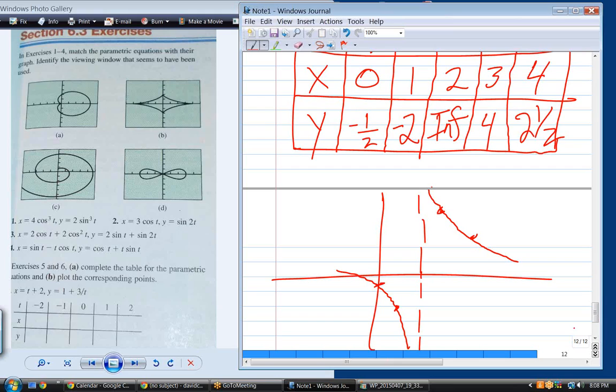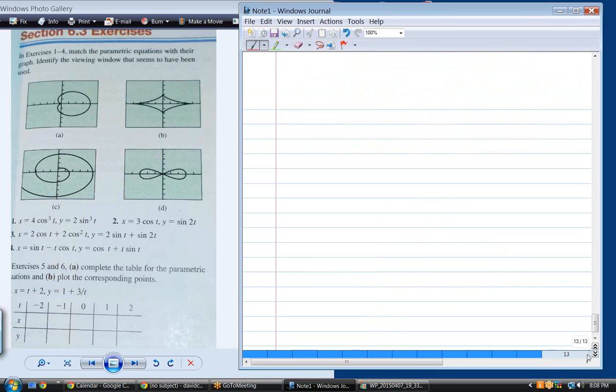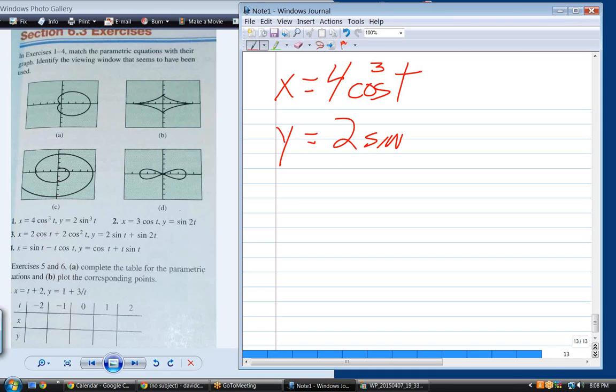Okay? So let's go back and do one again and see if we can figure out which of these curves it is. X is 4 cosine cubed of t. Y is 2 sine cubed of t.